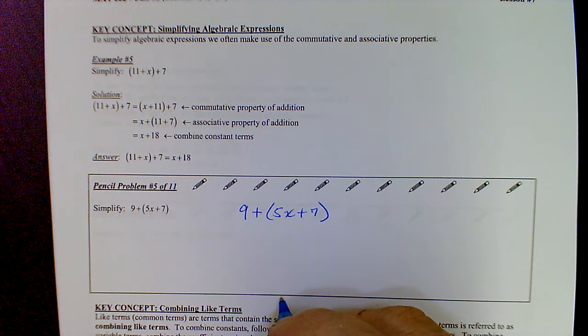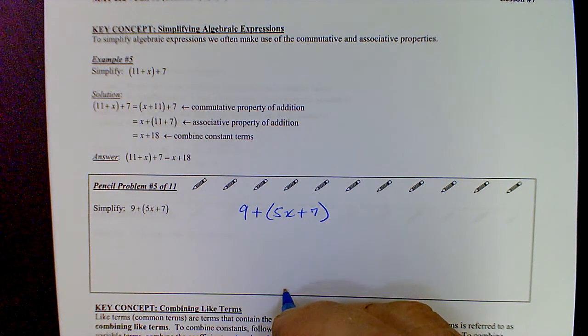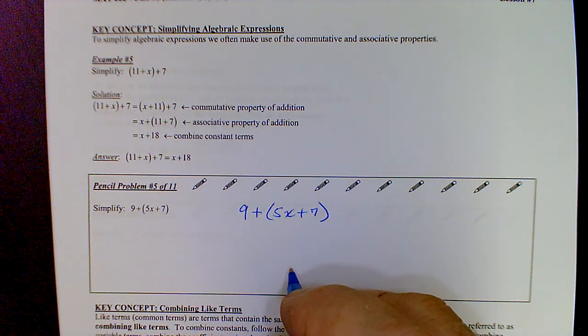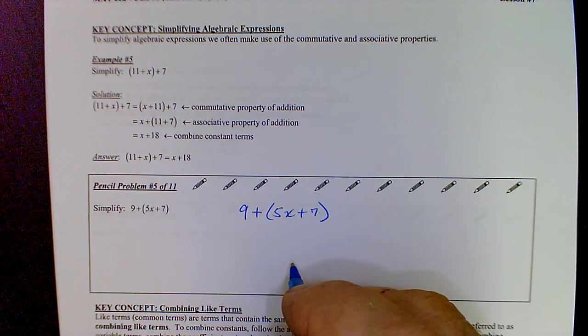The idea is that like terms represent the same variable raised to the same power. In our case, typically x's or y's represent like terms, and then what we call constant terms, or numbers all by themselves.